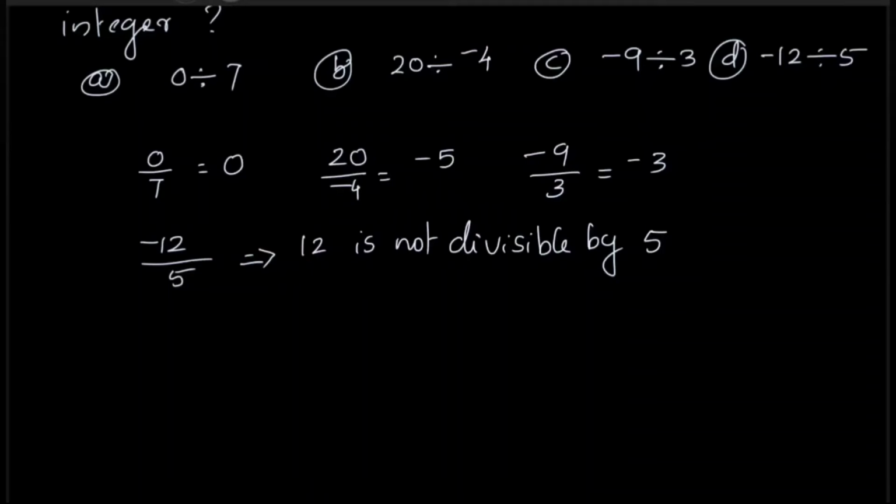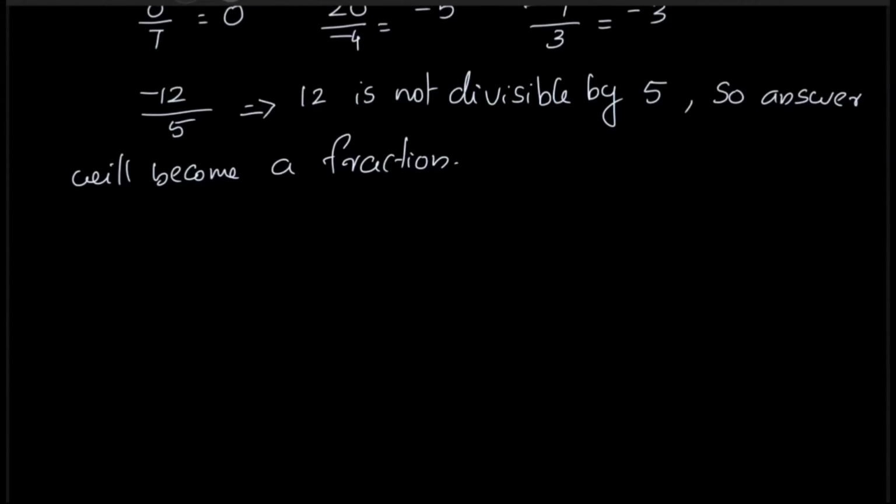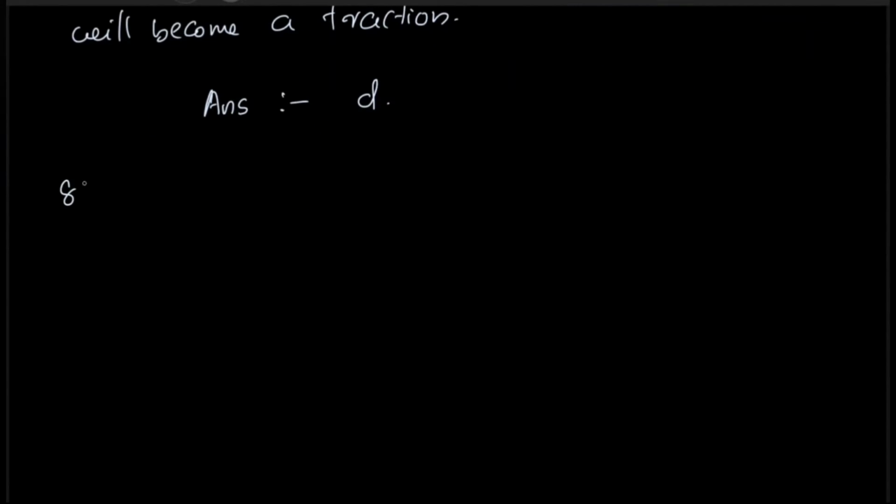So the answer becomes a fraction. So it is not included in the integer group, because a fraction is another set of numbers in the number system. So our answer is option D. Next is our 8th question.